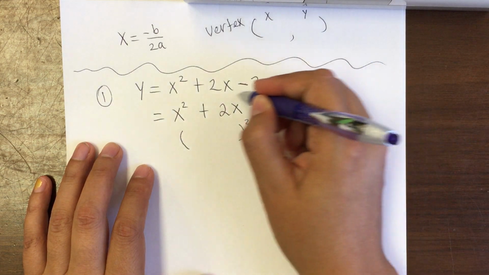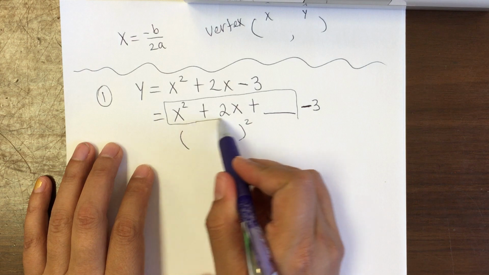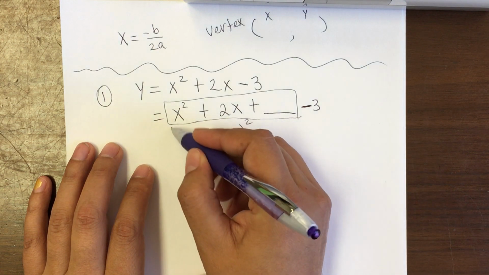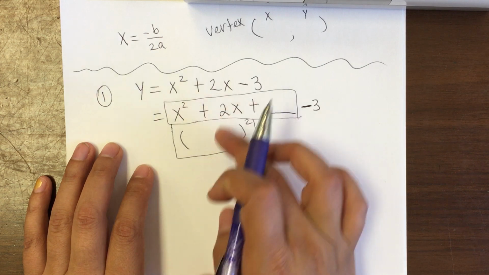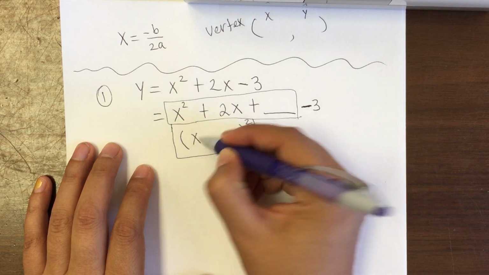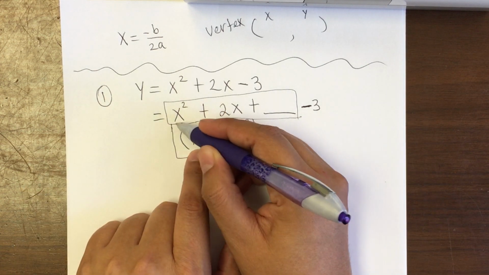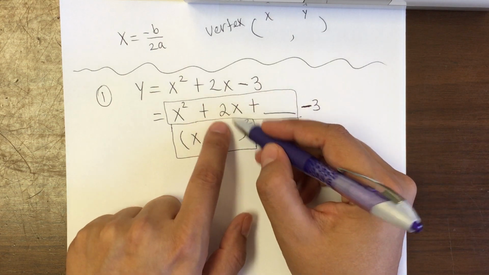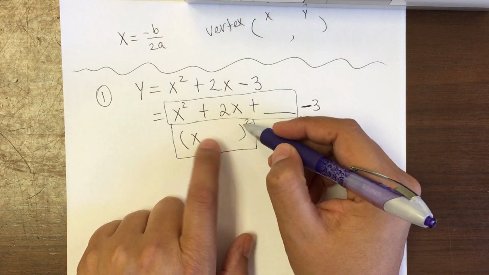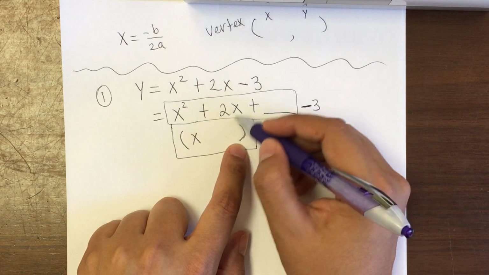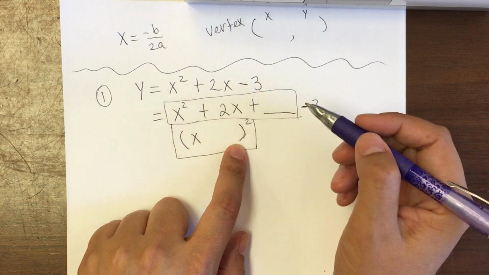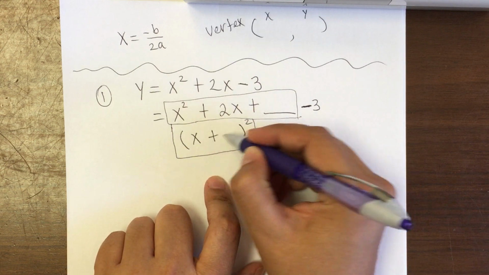So in here we're going to have what is called the perfect square, and it comes from having a perfect square. Remember that we keep the same in here, it's the square root of this one. The second term of this square would be half of the middle term, which is 1 in this case.